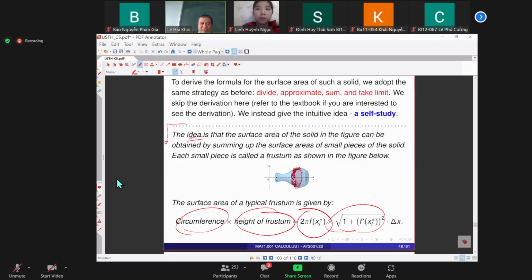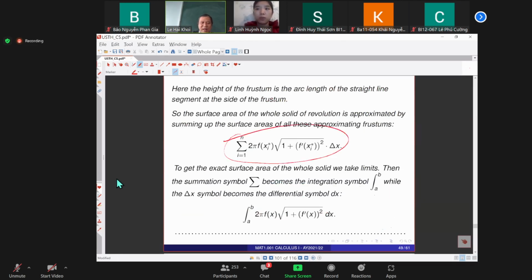Summing up all the things, letting n tend to infinity, what do you get? You get this sum, and then letting n go to infinity, you have the formula 2 pi f(x) multiplied by the arc length. Very clear what you have to do, and very easy to remember the formula.